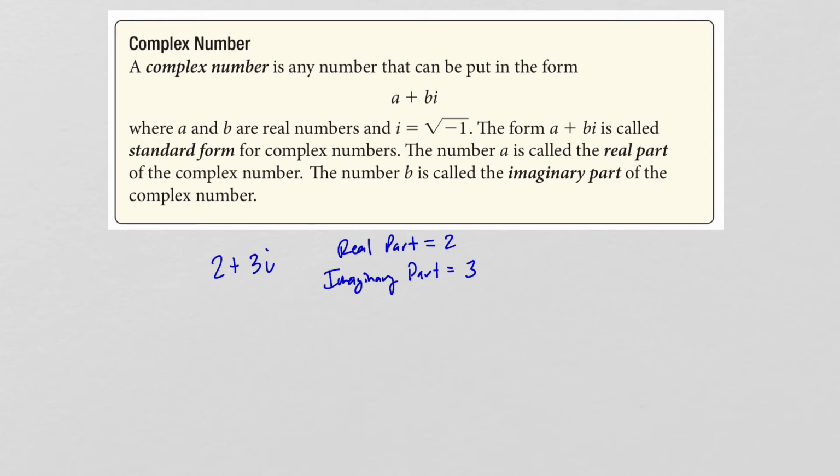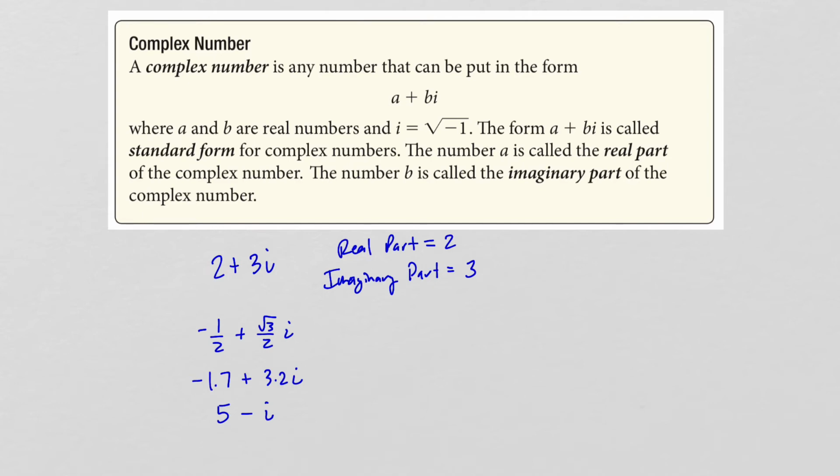Some other examples of complex numbers. We don't always have nice numbers like 2 and 3. I could give you something like negative 1/2 plus radical 3 over 2 times i. That's a suitable complex number. I could give you something like negative 1.7 plus 3.2 times i, or 5 minus i, which would be 5 minus 1i.